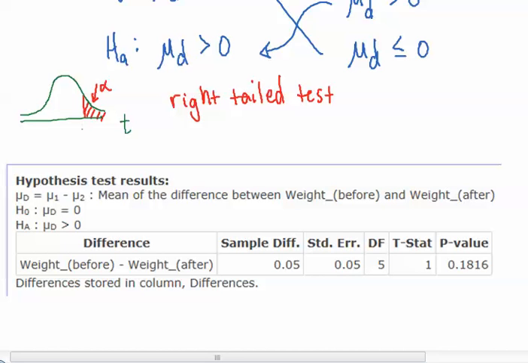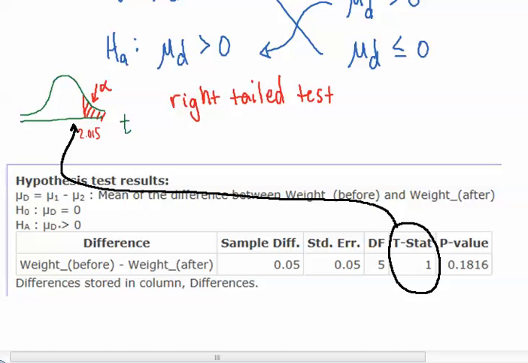I didn't ever write down what this turned out to be. So our critical t-score turned out to be 2.015. And we actually have our test statistic of a 1 falling below that, which means that the p-value is going to be bigger. In other words, it didn't fall in the rejection region. In other words, we're not going to reject.